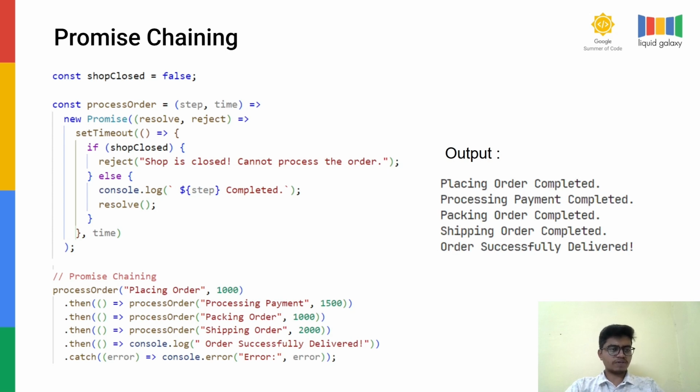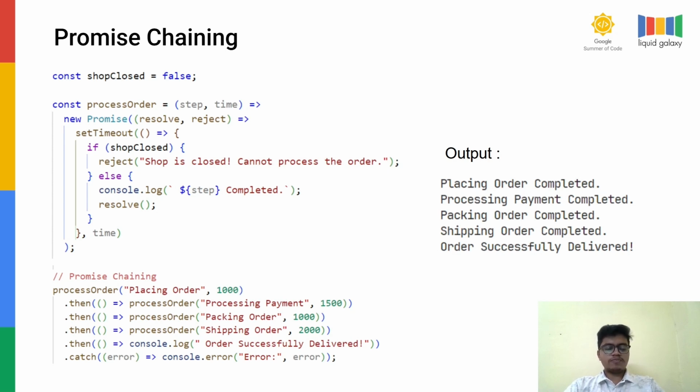There is a function called processOrder, which takes two arguments, step and time. Step is the state our order is currently in, and time is how much time it would take to complete that step. This function returns a promise, and it will execute after the time that we give in the argument.